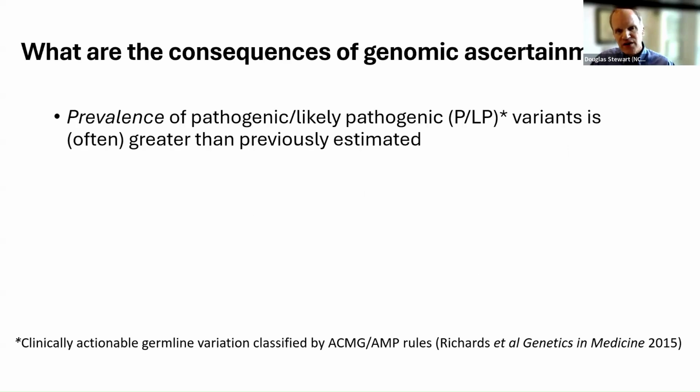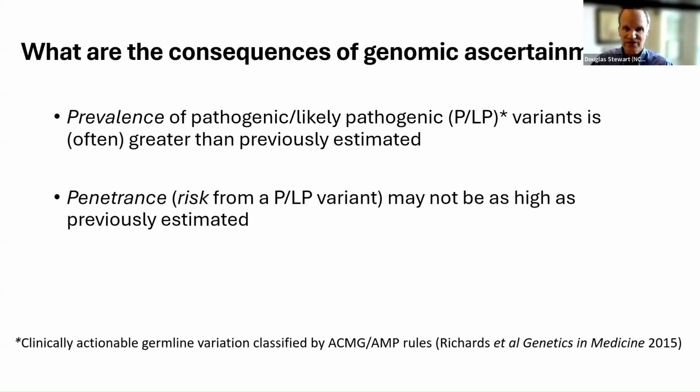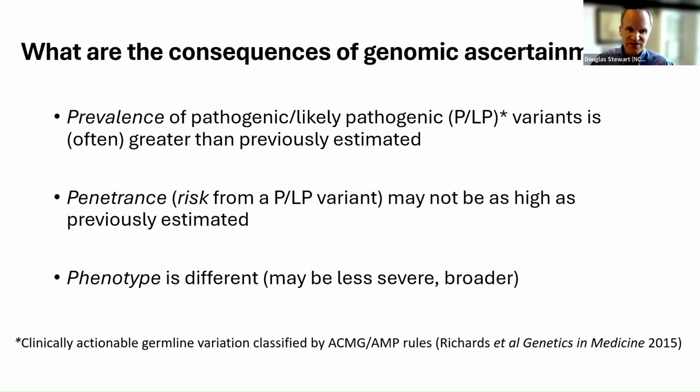If there's one thing I want you to take away from this talk, it's these 3 bullet points, because I think you'll hear more and more about genomic ascertainment as time goes on, especially for studies like the eMERGE-4, like you just heard. What we tend to find is that the prevalence of pathogenic and likely pathogenic variants is often greater than previously estimated, that the penetrance may not be as high as previously estimated, and the phenotype is different.